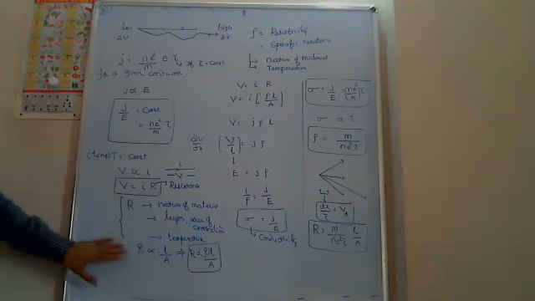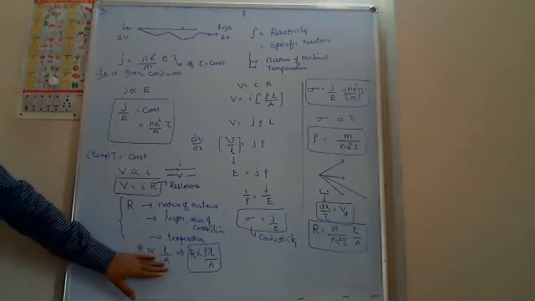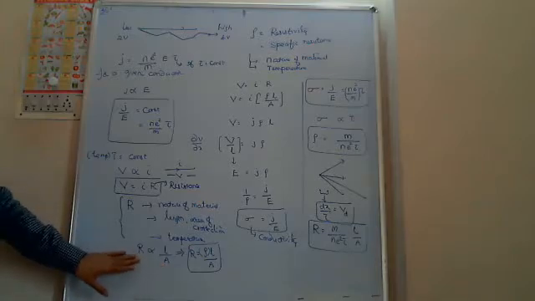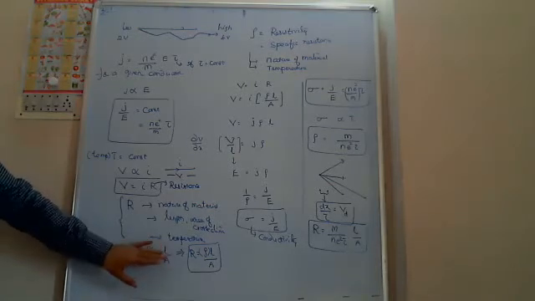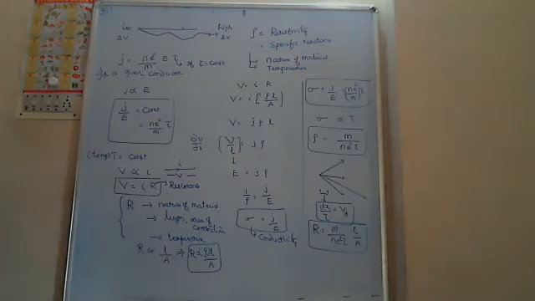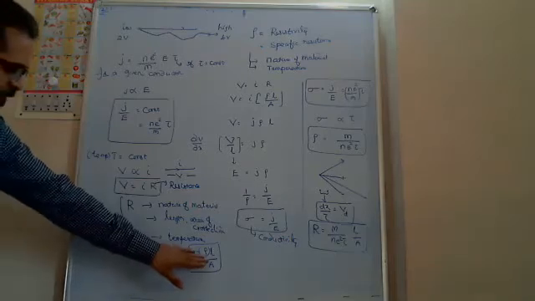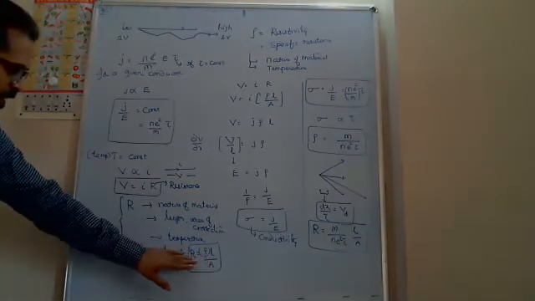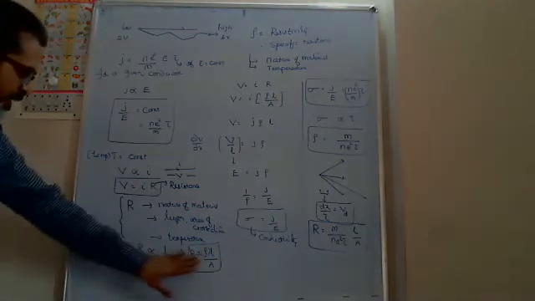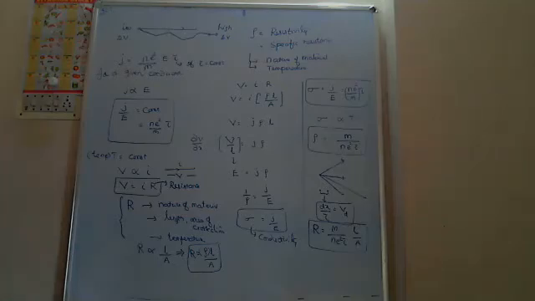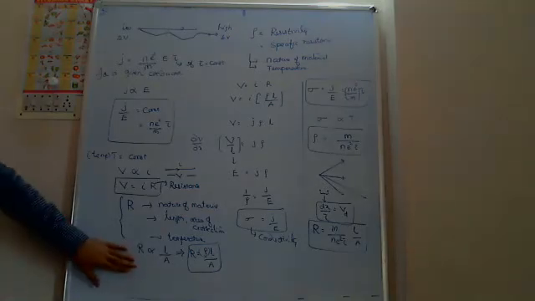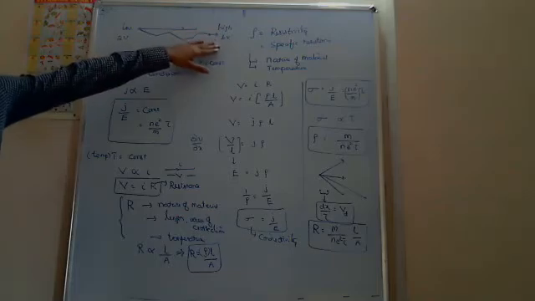After completing this part, how it depends upon the dimensions only. We write R is directly proportional to length, inversely proportional to area of cross section. That implies we write here with the proportionality constant, R is equal to rho L by A, same equation. Then specify who is rho.